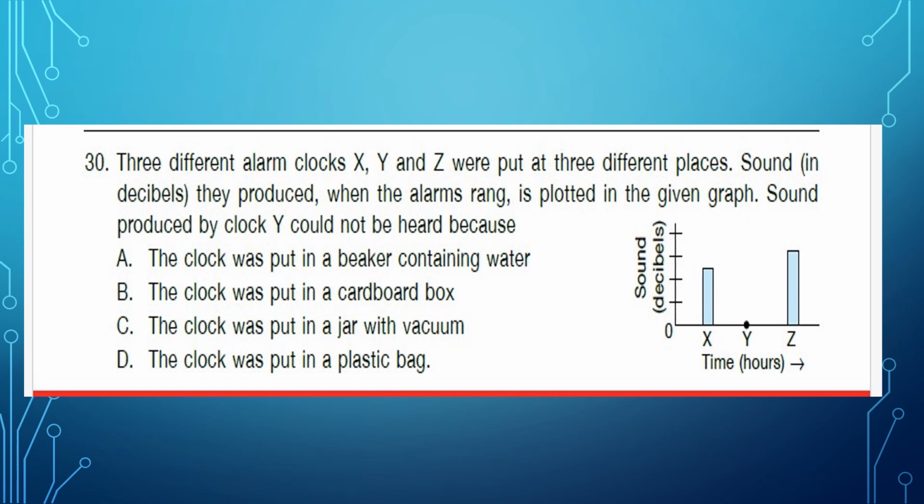Option B, the clock was put in a cardboard box. Option C, the clock was put in a jar with vacuum. Option D, the clock was put in a plastic bag. And the right answer is option C, because sound cannot travel in vacuum.